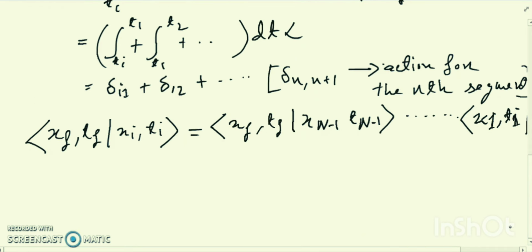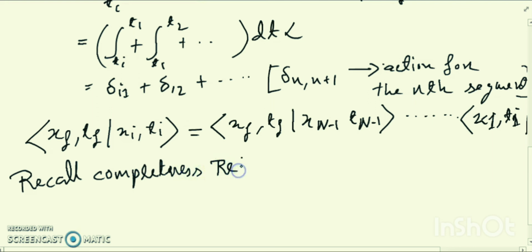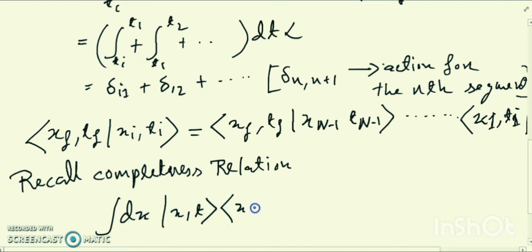Now recall the completeness relation. What is the completeness relation? It is the integral dx of the states x comma t and x comma t. I have already discussed this operator.